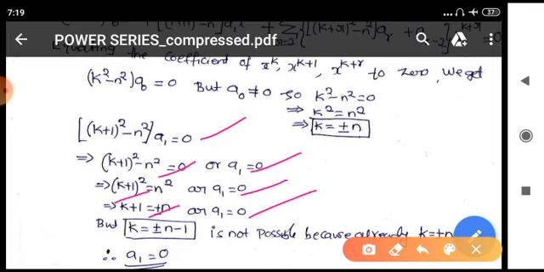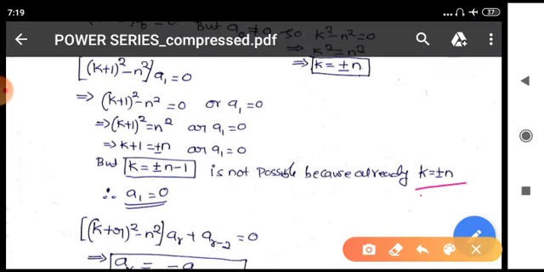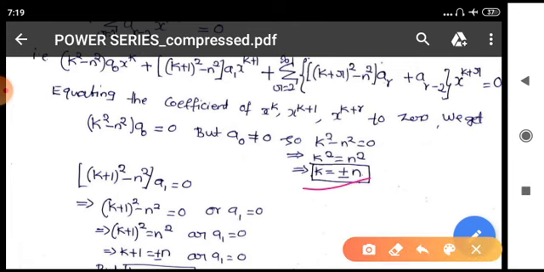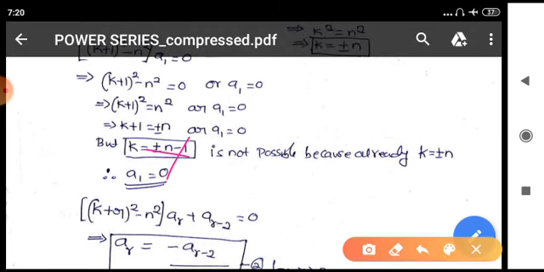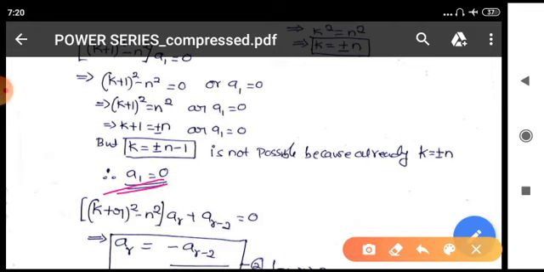But then k is equal to plus or minus n minus 1, which is not possible because we already know from the previous step that k is plus or minus n. So k cannot be equal to plus or minus n minus 1. So we are left with only one option, that is a1 has to be 0.